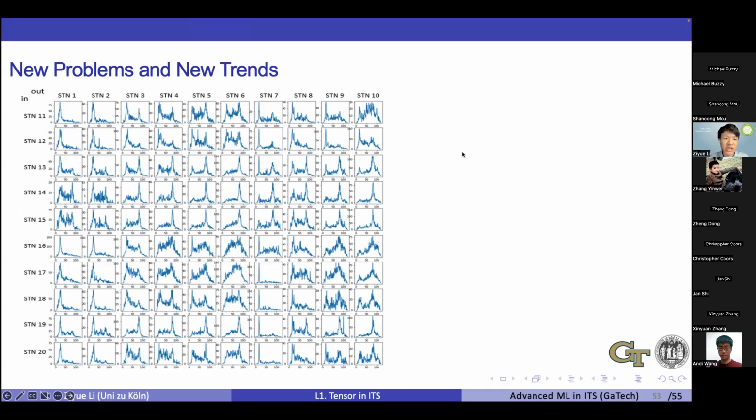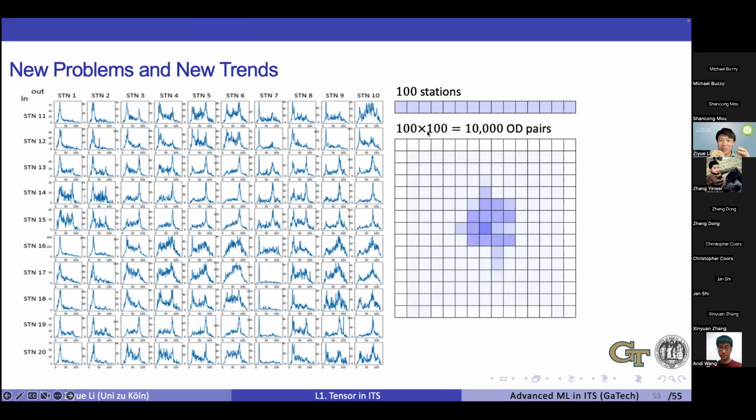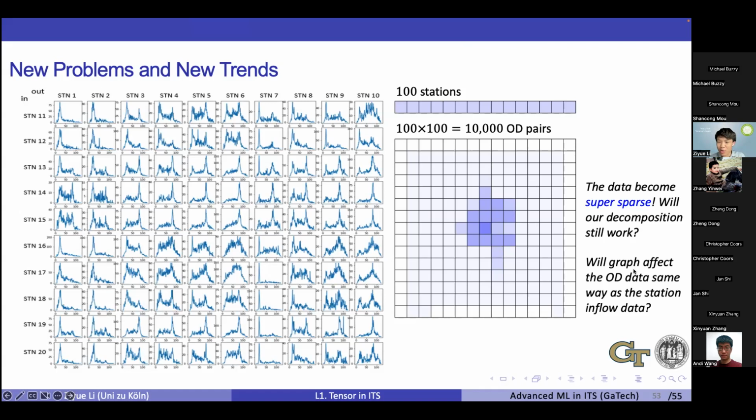So this OD flow is actually expanding the 100 stations into 10,000 OD pairs. So of course the data will become way more sparse, and whether our decomposition still works in that case, and how the graph will affect the OD data in the same way as the inflow data, is an open question.